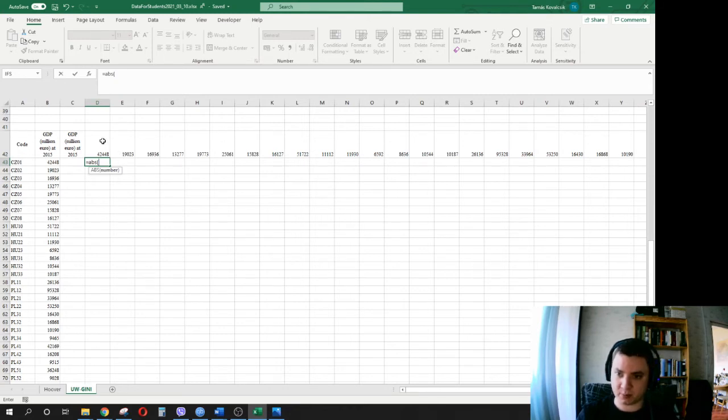Make a difference between this cell and this cell, fix the B for the left, and fix the row number for the upper cell.